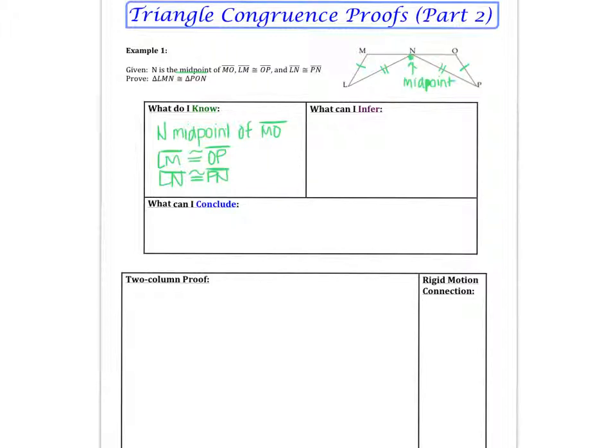Alright, so now that I've written down everything I know, what can I infer? Well, I know that midpoint needs a definition, because it's a geometry term that I'm using. So based off what I know about midpoints, I know that midpoint divides a segment in half. So if N is the midpoint of MO, then I can infer, it's not stated, but I can infer that MN is congruent to ON, because I know the definition of midpoint.